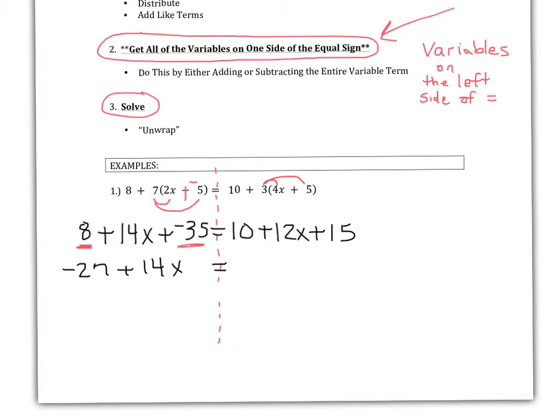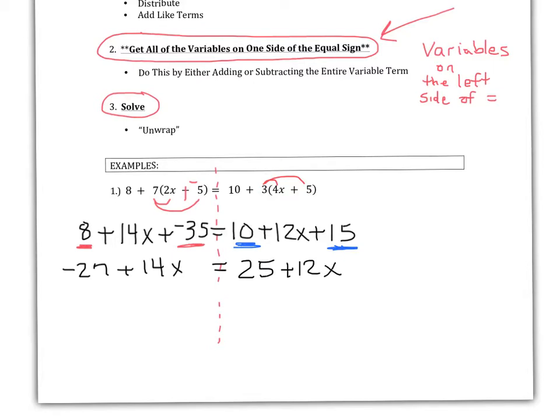Look a little more closely here on the right-hand side. And you have some like terms. 10 and 15. And 10 plus 15 is 25, and then you still have the 12x.